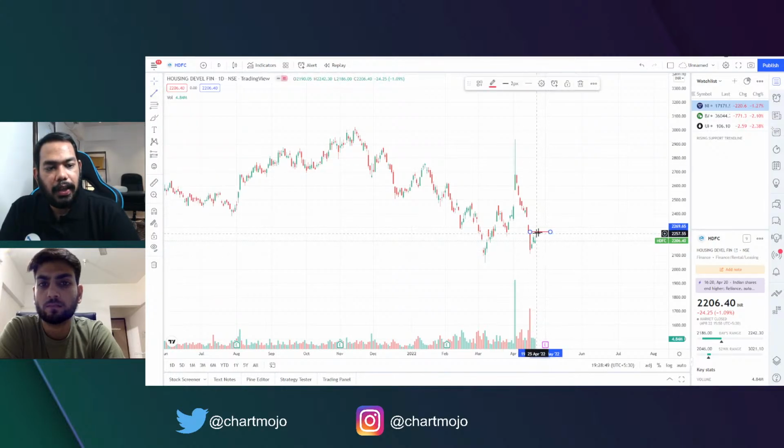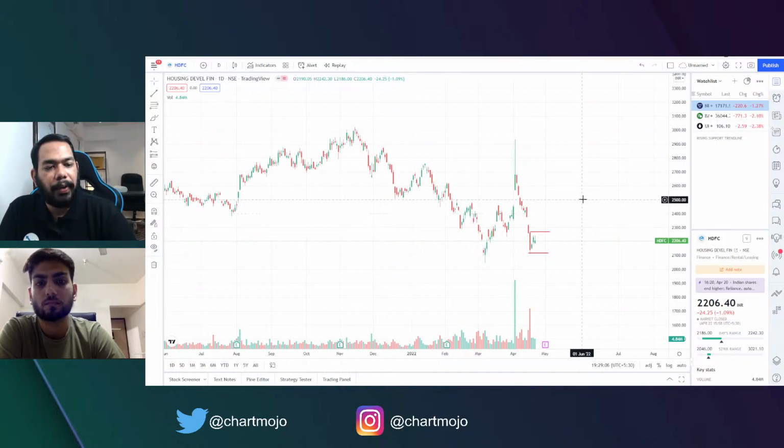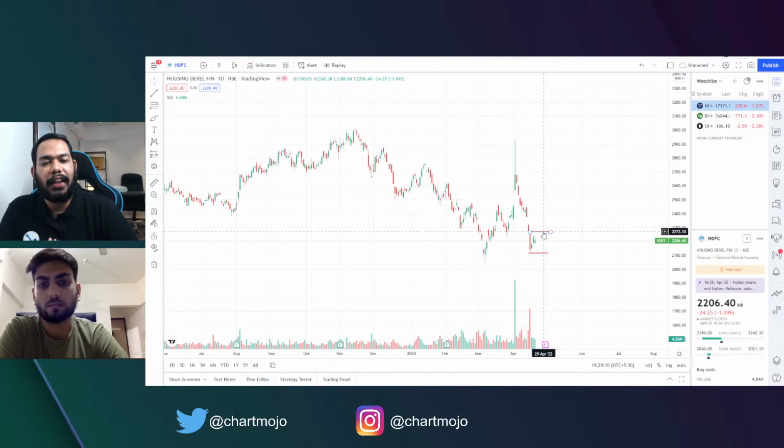We can see the next 3 days' candles forming inside one candle. If we want a signal for speculation purposes, we should wait for the high of this big red candle to be taken out.